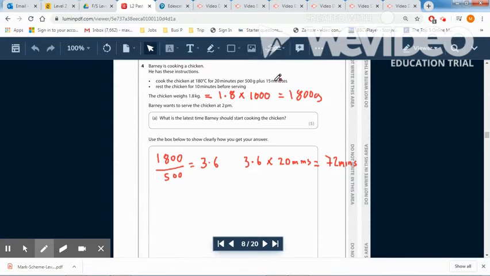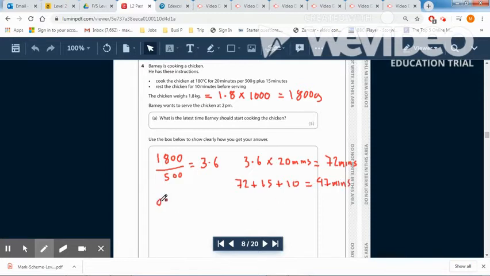He also has to add on 15 minutes and then 10 minutes to rest the chicken. So we're going to do 72 plus 15 plus 10. If we add all of that together, 72 plus 15 is 87, and 87 plus 10 is 97 minutes.